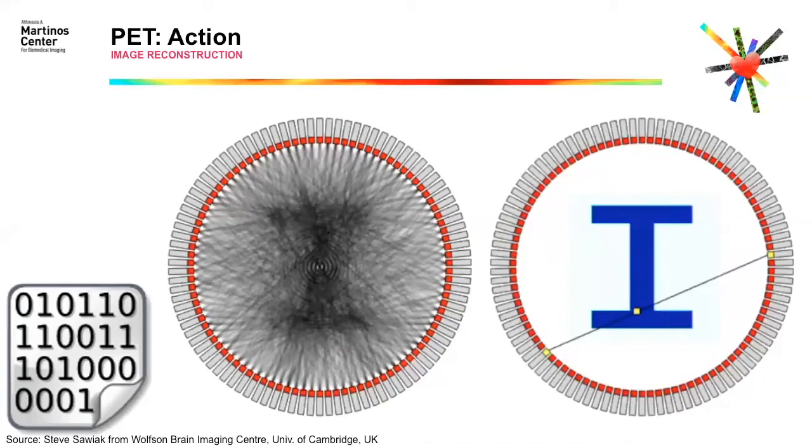And by accumulating those lines of response, by putting some gray level to every one of those lines of response, I can accumulate millions of those responses, and at the end, I will start obtaining my letter I. This is what is called a back projection.